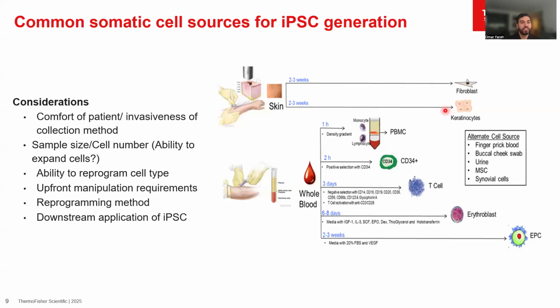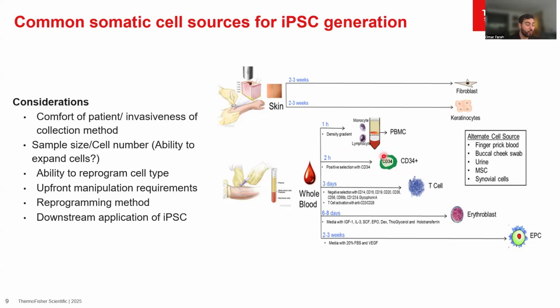Now, before we start talking about reprogramming in general, we kind of alluded to this. We start this process from a somatic cell, right? And you'll see that the most common somatic cell types that are used for reprogramming are either skin cells, where we take a small biopsy, or blood draws, where we take blood-derived cells, and we can reprogram some of the cells, either the PBMCs or the CD34 positive cells.